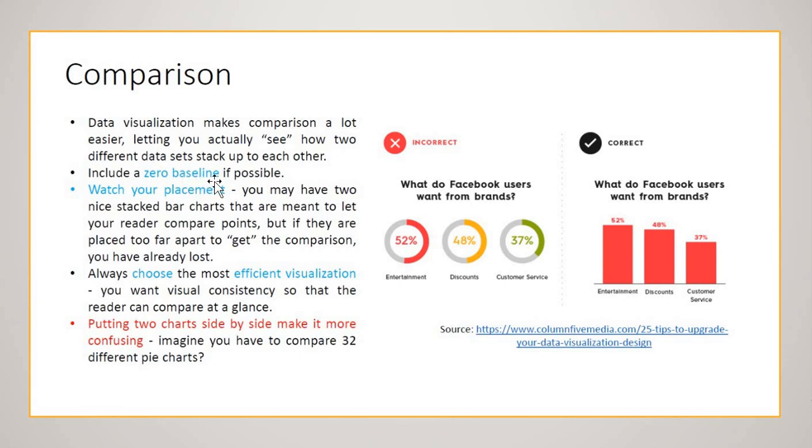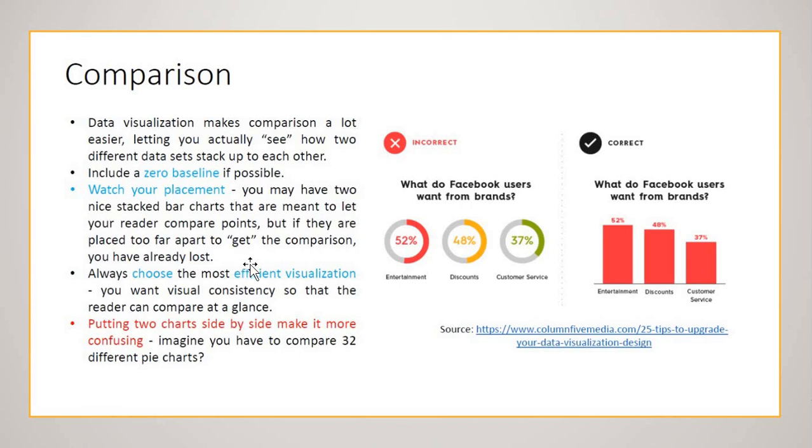So, include a zero baseline if possible. Maknanya ada zero baseline lah. Okay. Untuk graph kan. Okay, letting you actually see how two different datasets stack up to each other. Bila you nak compare, consider use this type of graph. Watch your placement. You may have two nice stack bar chart that are meant to let your reader compare point, but if they are placed too far apart to get the comparison, you have already lost.